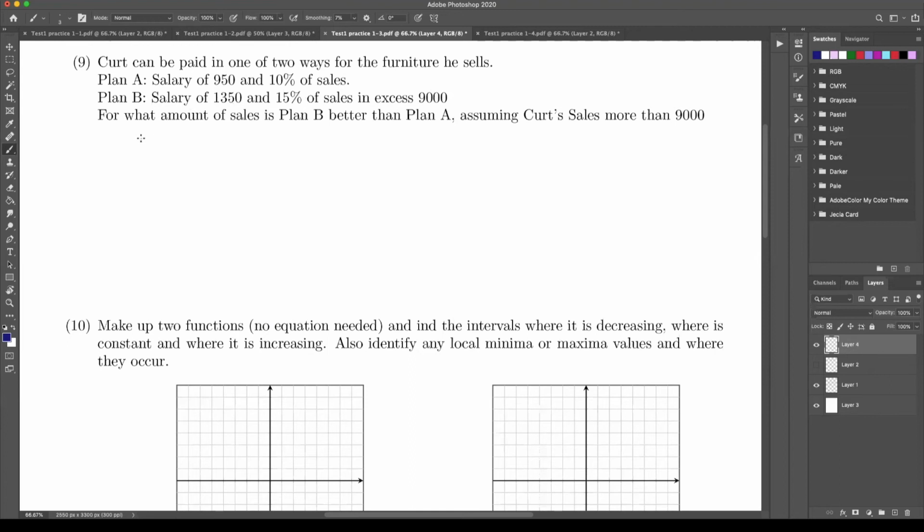And so here's one of the weird ones. For what amount is the sales plan B better than plan A? So we're just going to say X is my number of sales. And so we're going to write, we want to know when plan A is less than plan B, right? Because I want to know when is it better for Kirk to sign up for plan B. Well, plan A is the following.